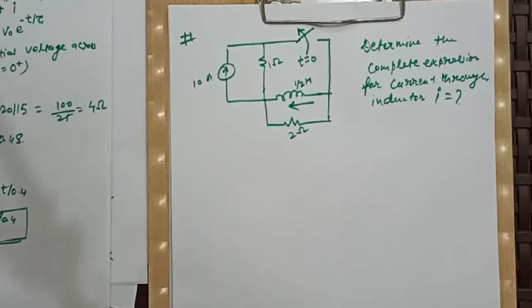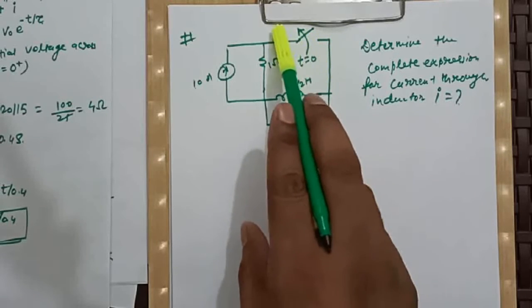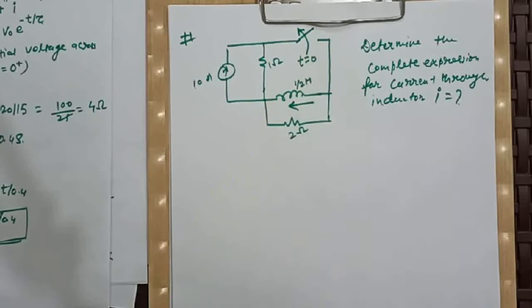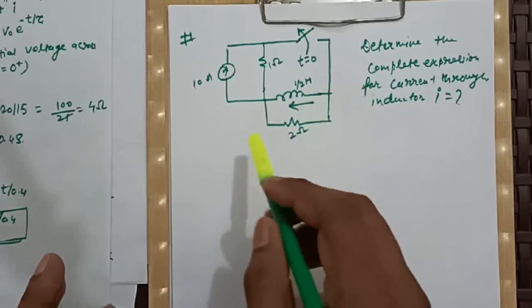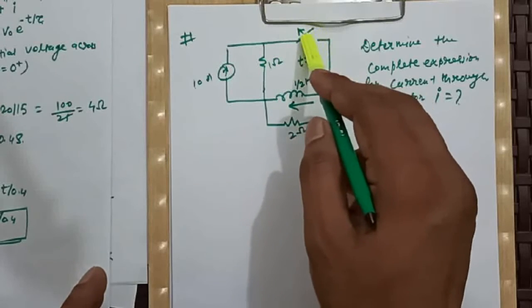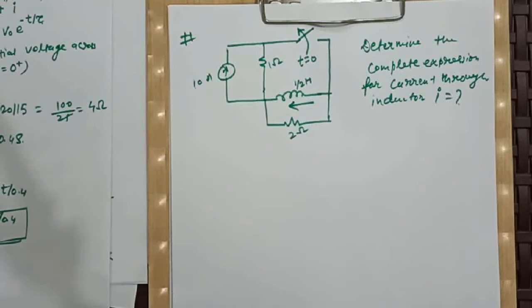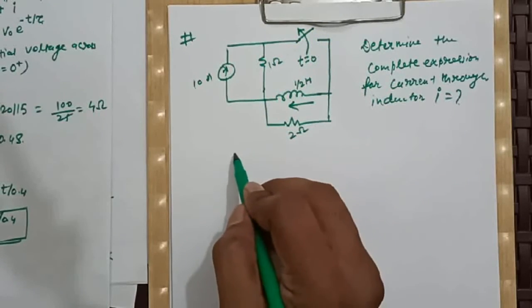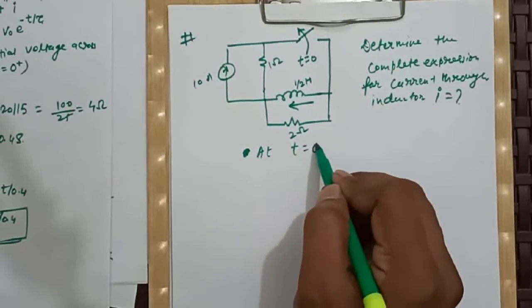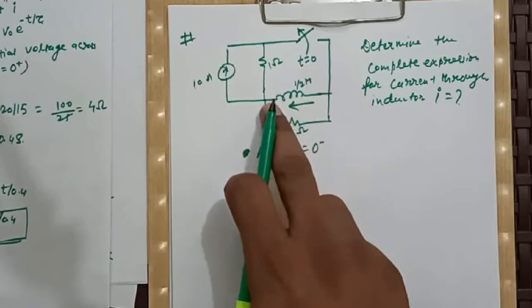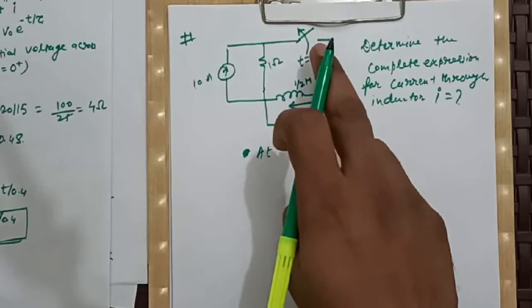Now observe this circuit. Basically the switch is getting opened at time t equal to 0. Meaning for a long time this inductor was in steady state with this source when the switch was closed, meaning at time t equal to 0 minus. So at t equal to 0 minus, this inductor was in steady state.